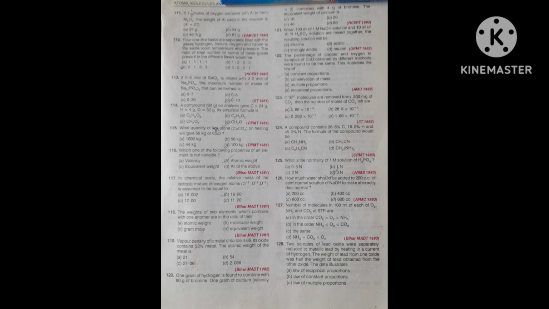The weight of lead from one oxide was half the weight of lead obtained from the other oxide. The data illustrate, first option, law of reciprocal proportions. Second, law of constant proportions. Third, law of multiple proportions. Fourth, law of equivalent proportions.